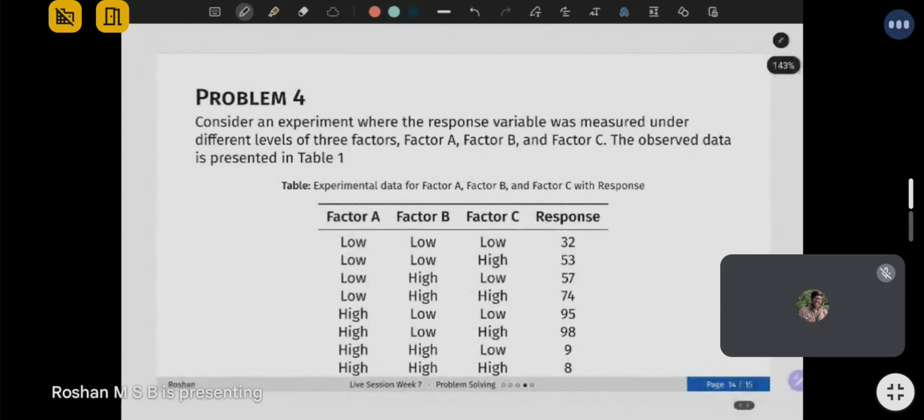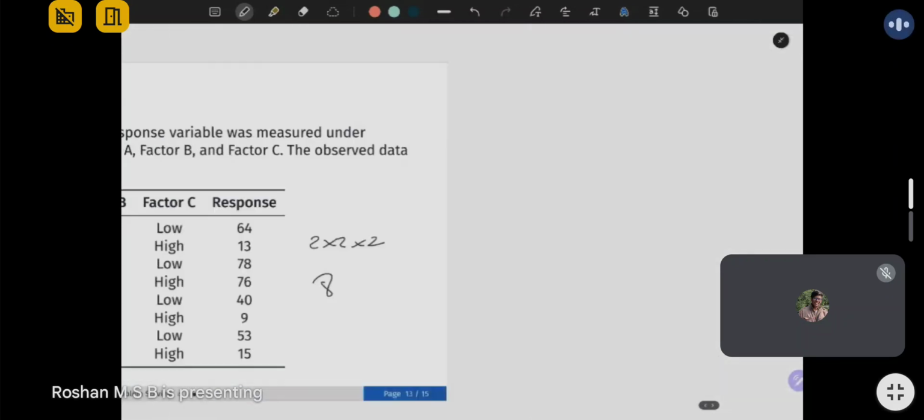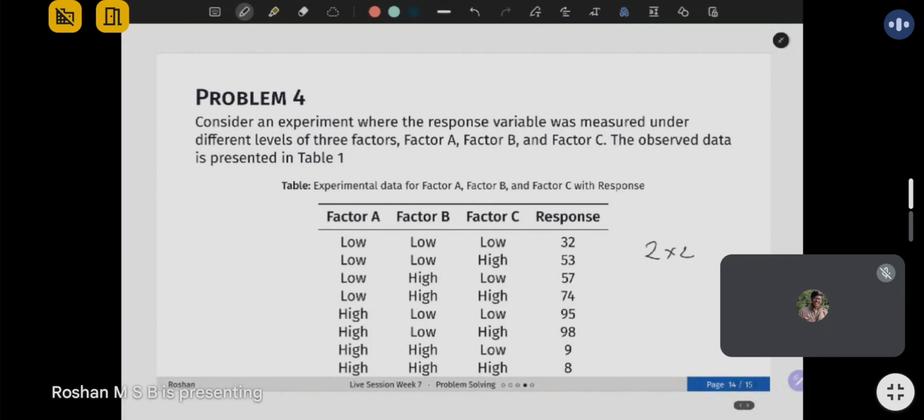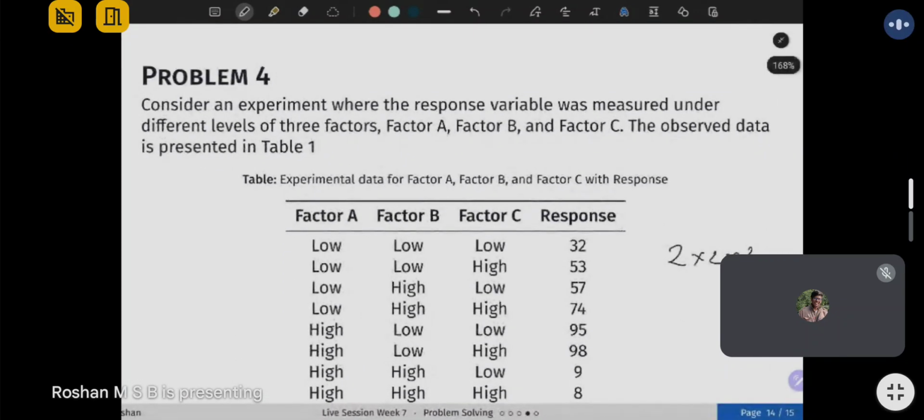Okay. And here is another problem, similar to how we did it. Again, it's a 2 by 2 by 2 factorial design. Try to solve this.